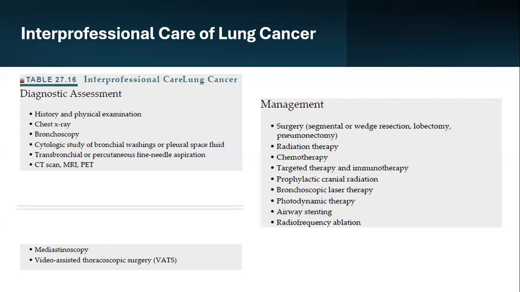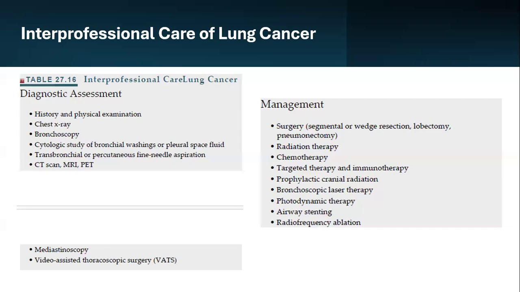A complete history and physical examination, with laboratory results such as CBC, chemistry panel, liver function, and renal function, are ordered in this kind of situation. And in other situations, pulmonary function tests will be done. An MRI and positron emission tomography, or PET, may be used to evaluate and stage lung cancer.